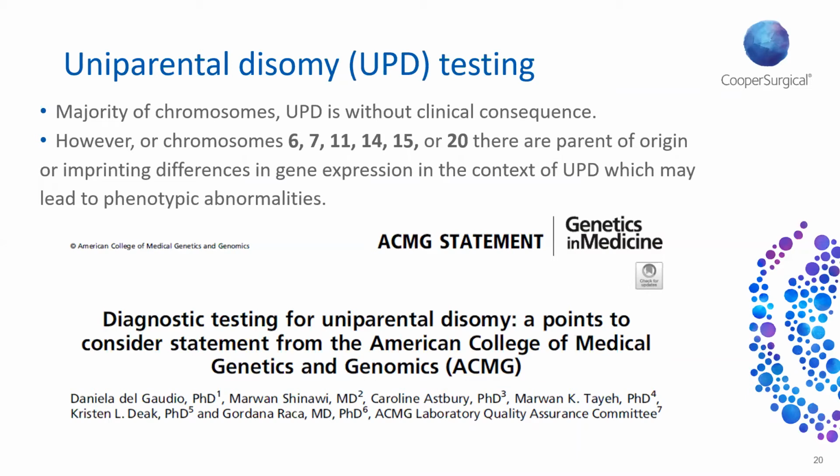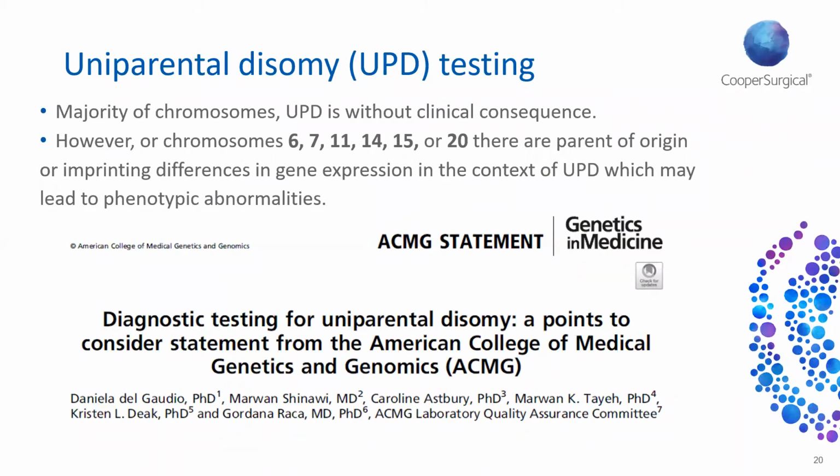However, for chromosomes 6, 7, 11, 14, 15, or 20, there are parent-of-origin, or what we call imprinting, differences, so differences in gene expression depending on the parent of origin in the context of UPD. This can lead to phenotypic abnormalities.